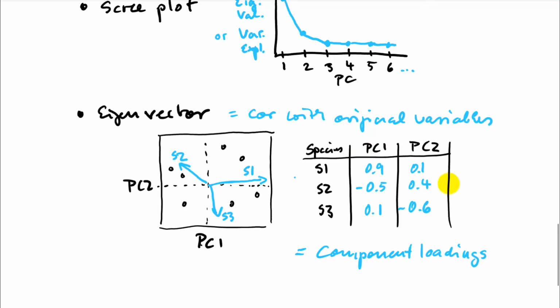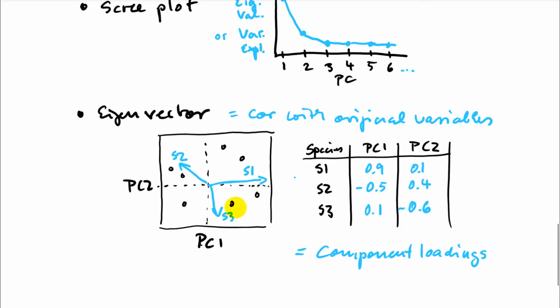So if I were to look at just this table here, I would say, okay, my principal component 1 primarily represents species 1, and to some degree is negatively correlated with 2, and my principal component 2 primarily represents species 3 and to some degree species 2. Or if I look at this one here, I know that all the points, all my plots that are sitting here to the right, they have high frequencies of species 1.